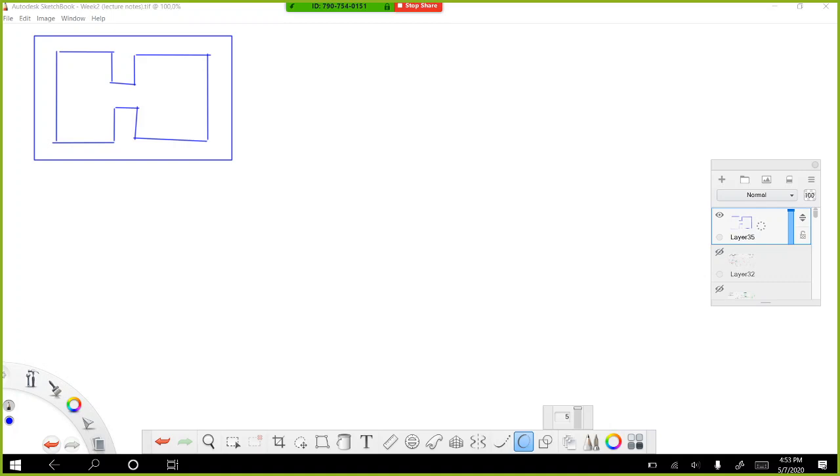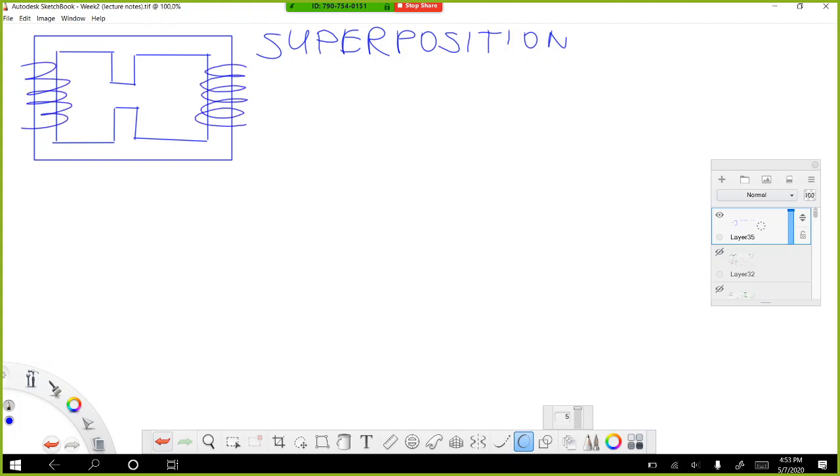So, using the superposition principle, here is our second coil, here our first coil. The flux linking the first coil we denote as phi1 prime.